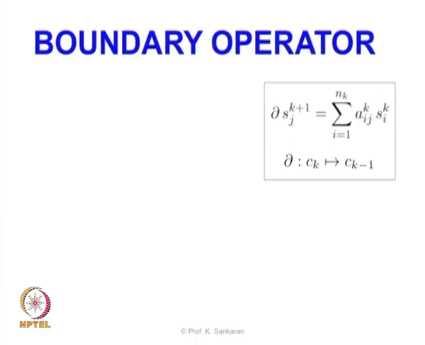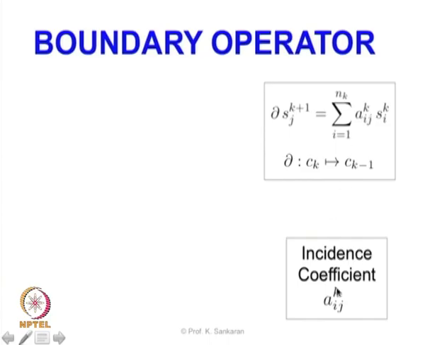When I am interested in finding the value of the boundary of a certain simplex, I am trying to get the value according to this equation, which says the boundary of a k+1 simplex is nothing but a certain parameter, what we call the incidence coefficient, multiplied by the k simplex. So we are going from k+1 to k. This will become easier to understand if you understand the physical meaning of a boundary operator.